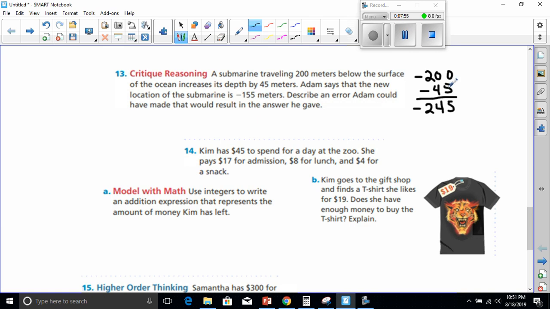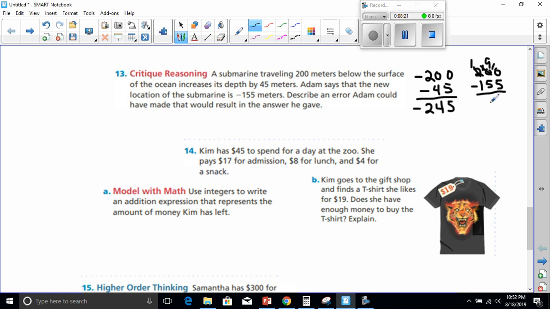Now, his answer of 155 doesn't make any sense. So you have to wonder, how did he come up with 155? So let's take the 200 that he had, and we'll subtract 155 from it. I think I understand what happened, but this is just to make sure we know what we're talking about. If we were to do this, I would have to borrow one.